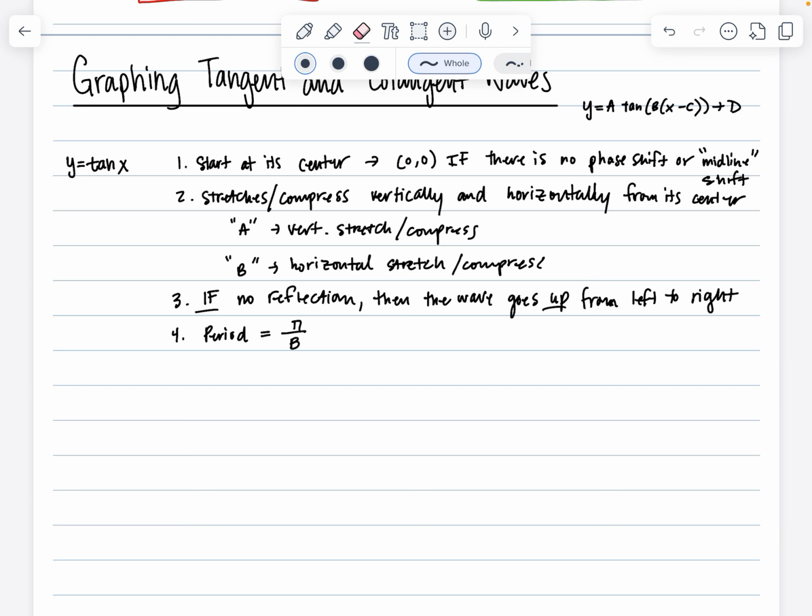It is a big difference between the two, and this also goes for cotangent. So this is for tangent and cotangent only. The period is pi over b instead of 2 pi over b.